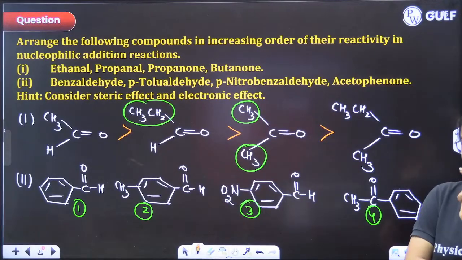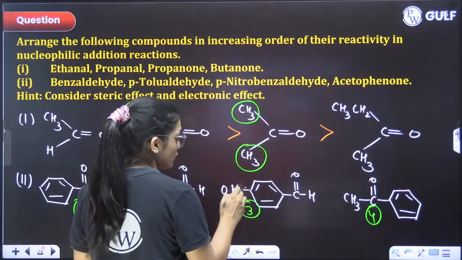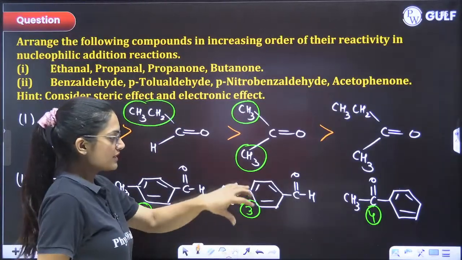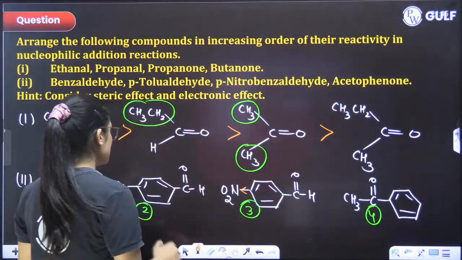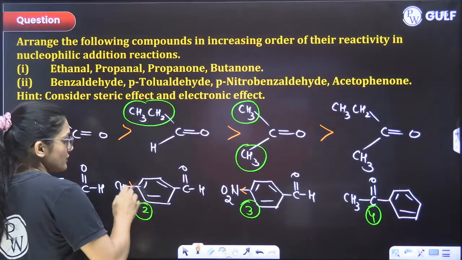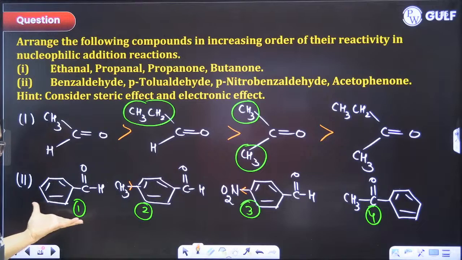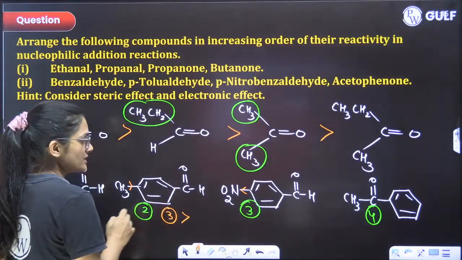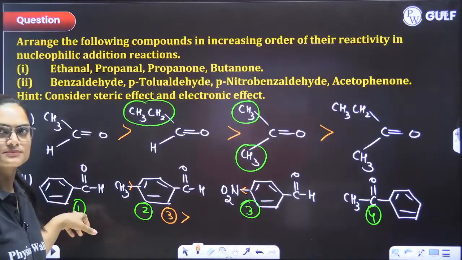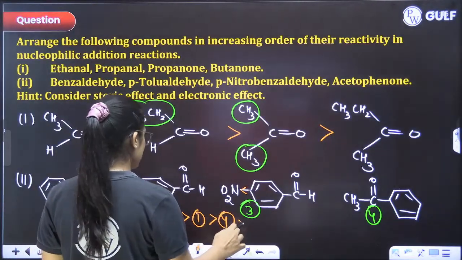The third one is most reactive as it has a nitro group at the para position, which is electron withdrawing. The more electrons it withdraws, the more the electrophilicity of this carbon. Here it is electron donating, so it will increase electron density on this carbon. So the third will be most reactive. Then the first one, then the fourth one, and least is the second one.